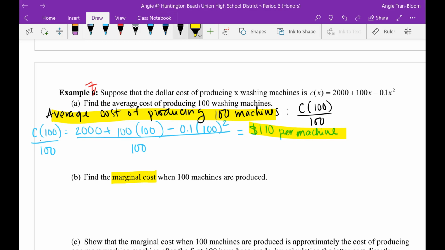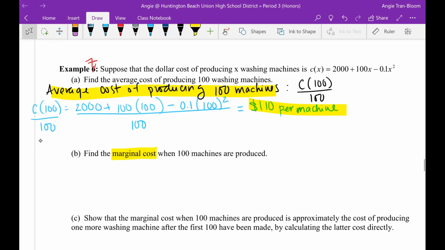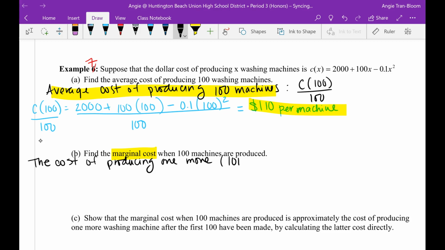What this really means, class, is producing one more. So let me write a full sentence here, and then we'll fill in the number after. The cost of producing one more, which is really the 101st machine, is... I'll just highlight this and we'll fill that in at the end when we're done doing our math.